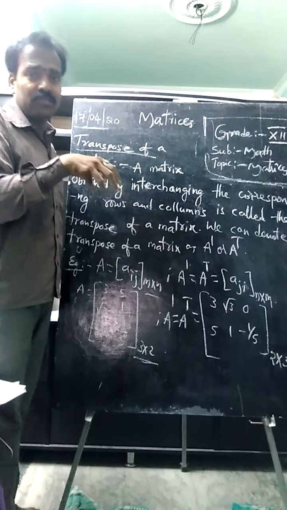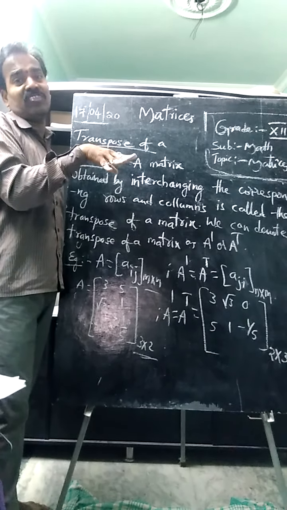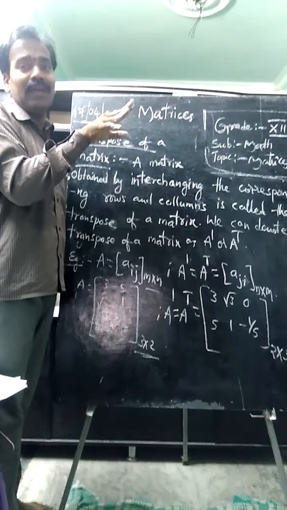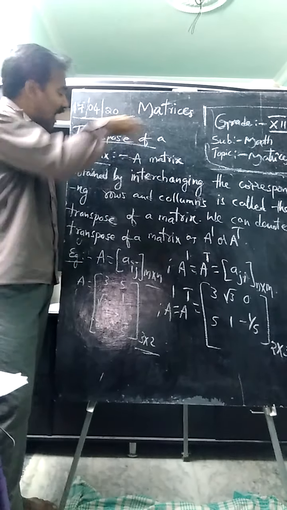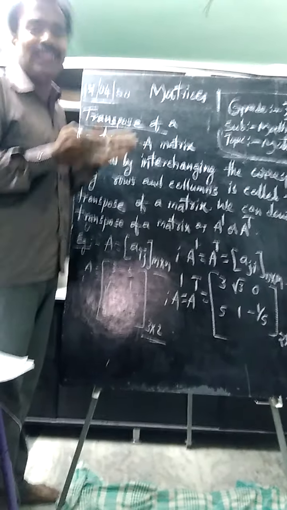Then the properties of matrices under addition and under multiplication. Now you have learned about the transpose of a matrix. So students, these are all the concepts you learned till this point.